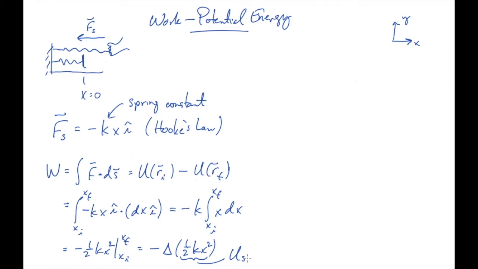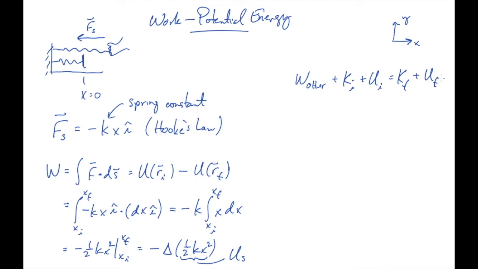So if I have springs in my problem, the way I would include them is to take the work energy theorem, which tells me the work done by other forces, plus the initial kinetic energy, plus the initial potential energy equals final kinetic plus final potential energy. And now I'm going to include the two kinds of potential energy that we know about.